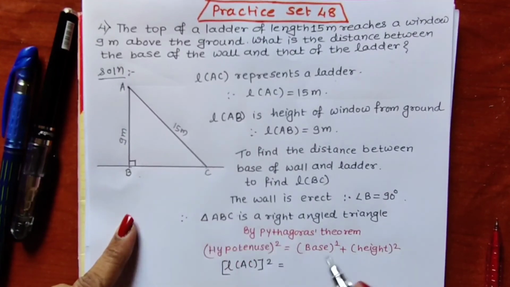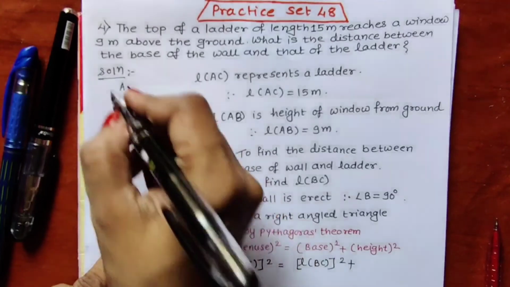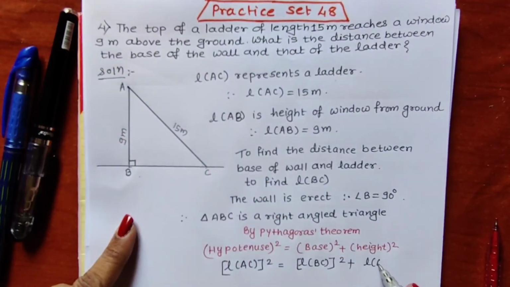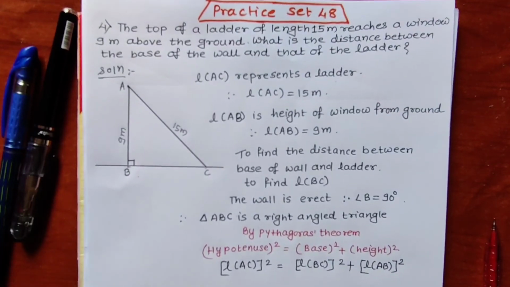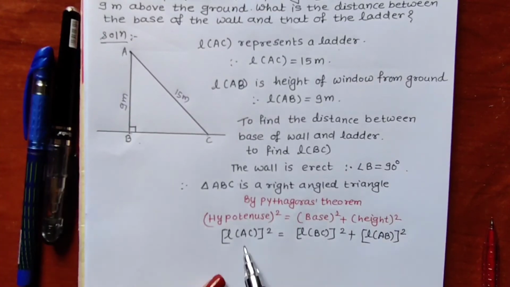Base is BC, so we write length BC square, and height is AB, so we write length AB square. So now we will be writing the values.